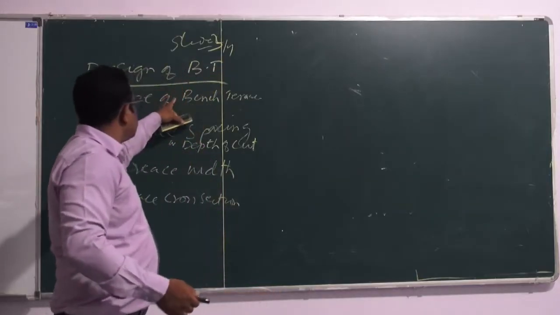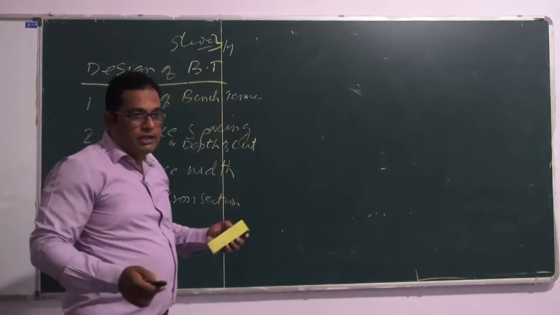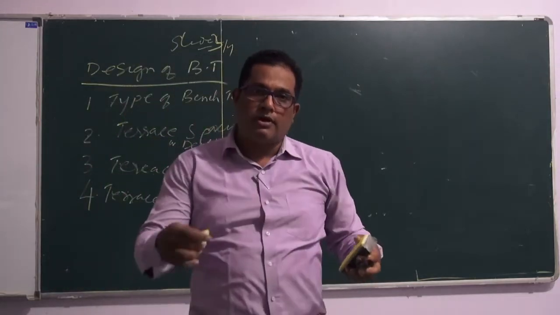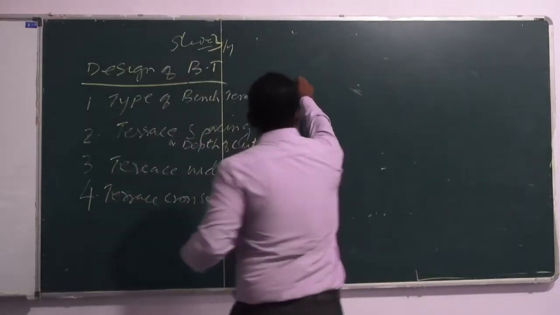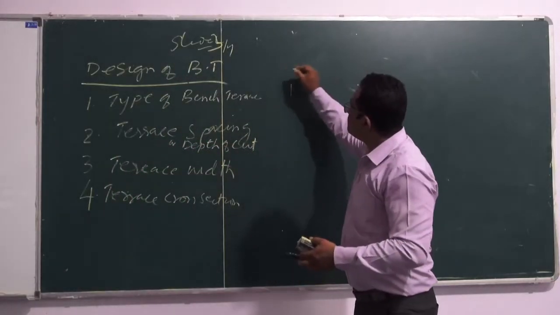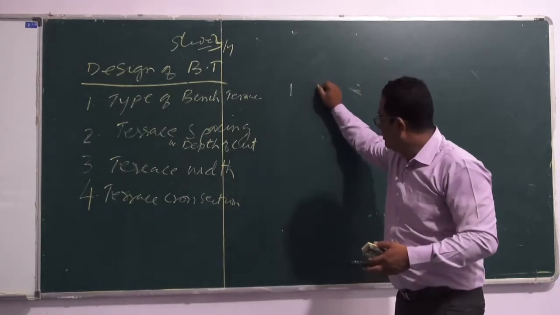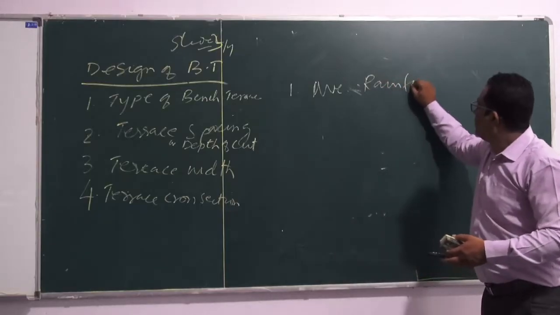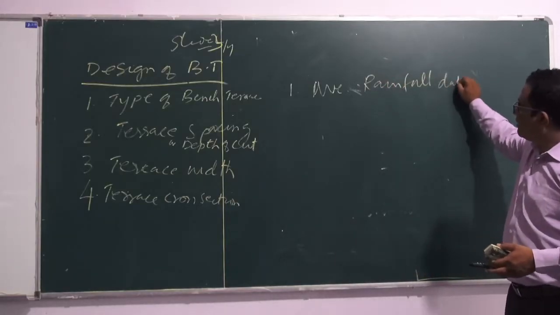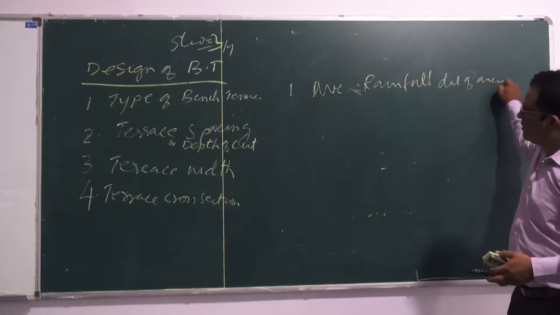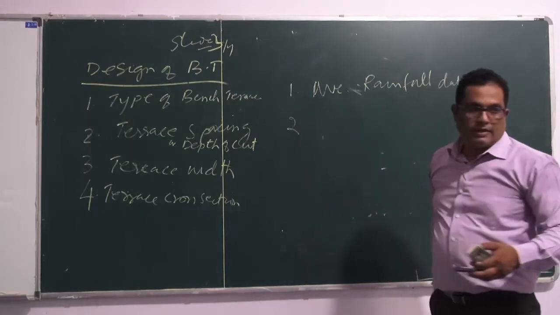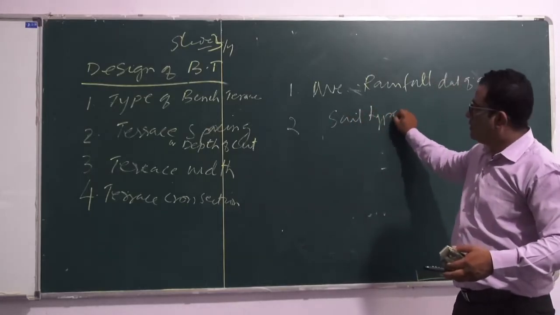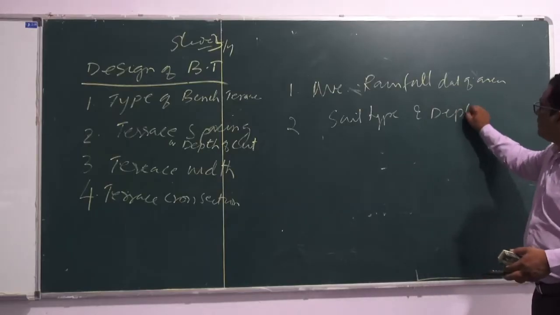Now, these are the design considerations of bench terraces, and what are the data involved? What are the data that we require for design of bench terraces? For that we require, first, the average rainfall data of the area, and second, soil type and depth.